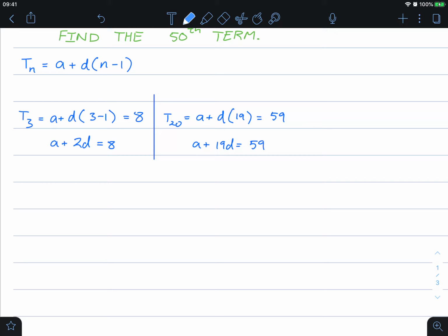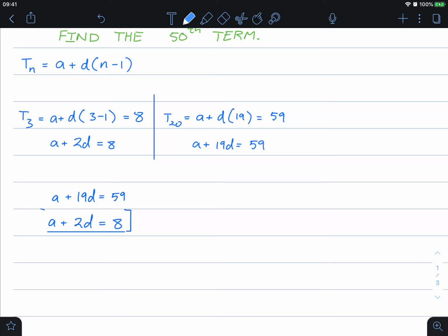We can now find a and d using simultaneous equations. I'm going to take a plus 19d equals 59, and the one below, a plus 2d equals 8.